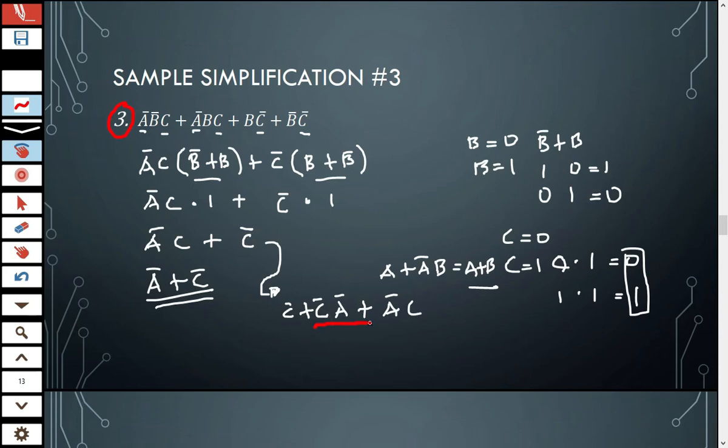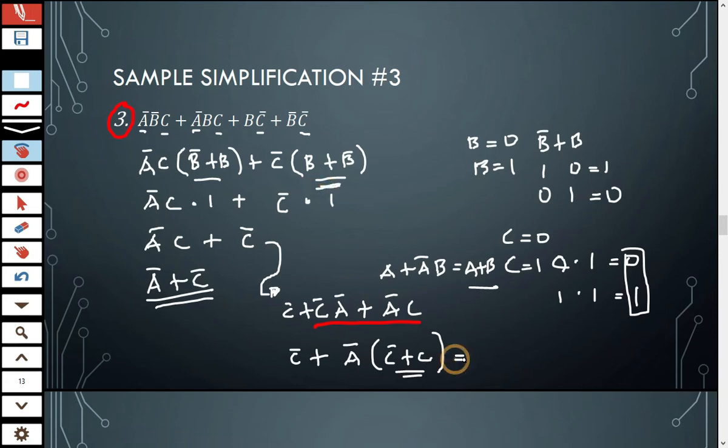Okay, so we're going to work on this part. So C plus, we can put the common outside of the bracket, and that is the not A. And what is left inside are just not C and C. And if you can still remember, this is almost the same as this, which gives us a result of 1.